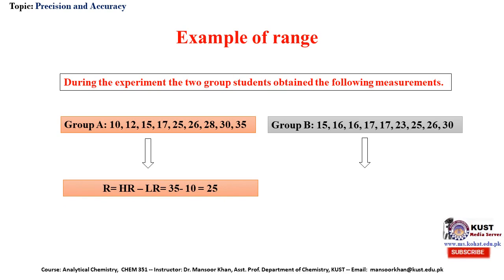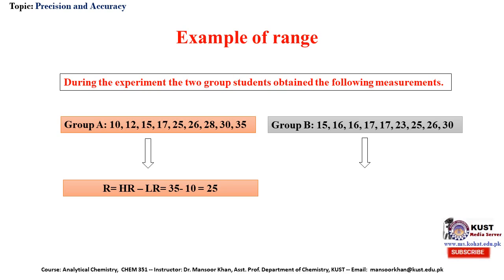Now we know that range is the difference between the highest value and the lowest value present in the data set. Here HR is used for highest reading and LR is used for lowest reading.